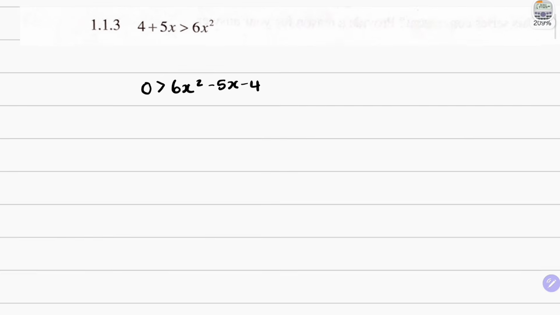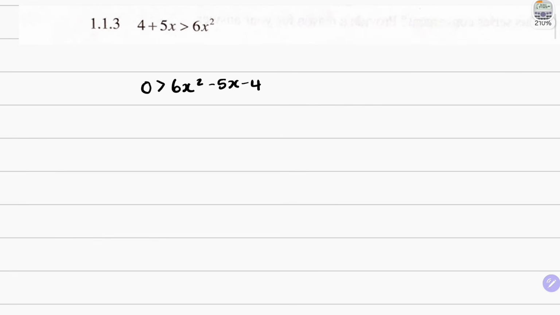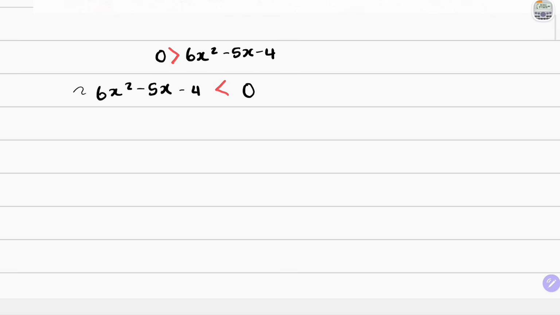But now it kind of looks awkward. So let's rewrite it so that the 6x squared minus 5x minus 4 comes first. And when we are looking at this versus the 0, do you notice that the inequality is facing the 0? So just rewrite it facing the 0. Okay, and now we just have to factorize this expression.